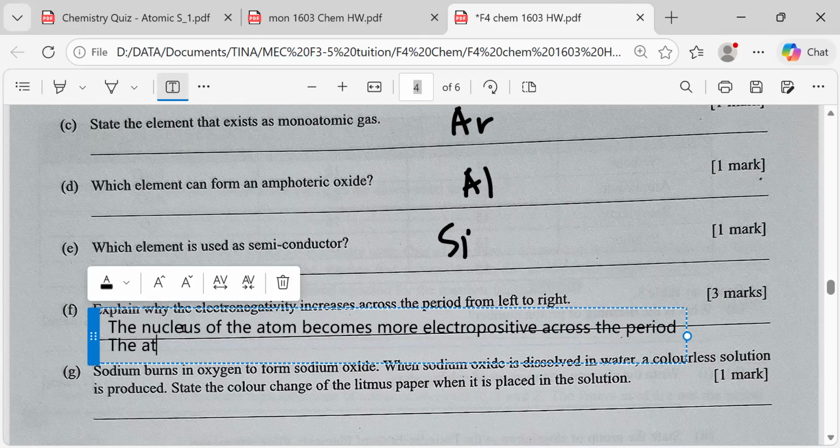The attractive forces between the nucleus and valence electrons become stronger. Okay?